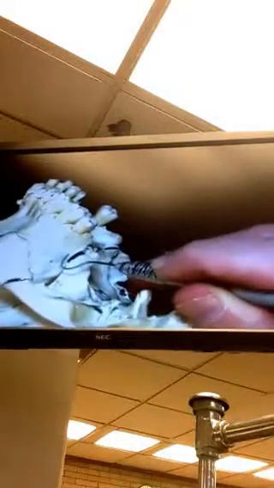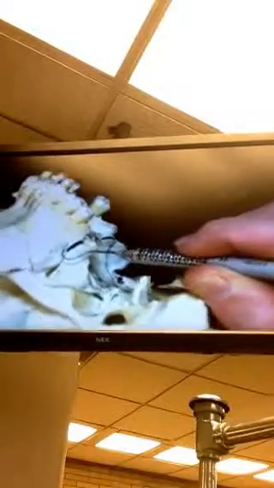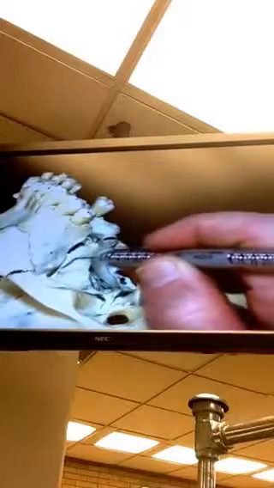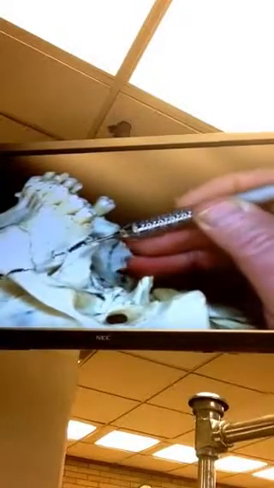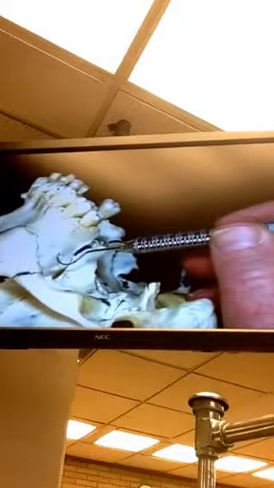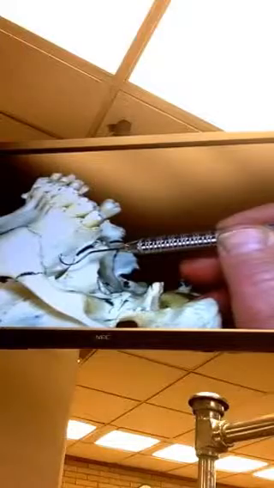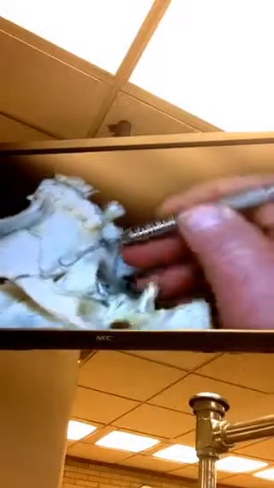This is a groove for the posterior superior alveolar nerve, the nerve that innervates the molar dentition in the maxilla. This opening is for the posterior superior alveolar artery. We'll talk about these again when we talk about the maxillary artery and the infratemporal fossa. So those are in the tuberosity area in the maxilla.